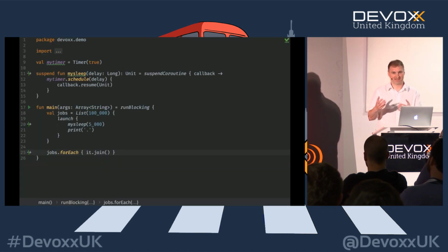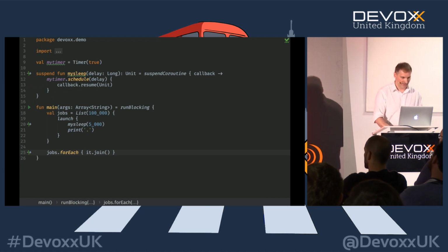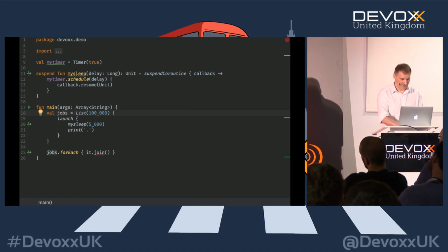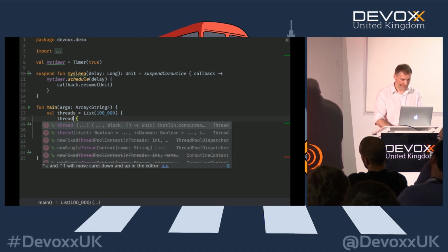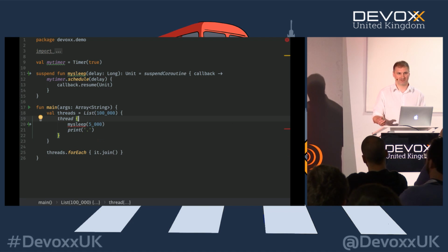Now let's try to do the same thing with threads. It only requires a few changes in our code. Obviously we won't need the RunBlocking because there will be no coroutines here. We're going to have not jobs but threads. And instead of launch, we're going to use thread. Thread is a function in Kotlin which creates a thread.